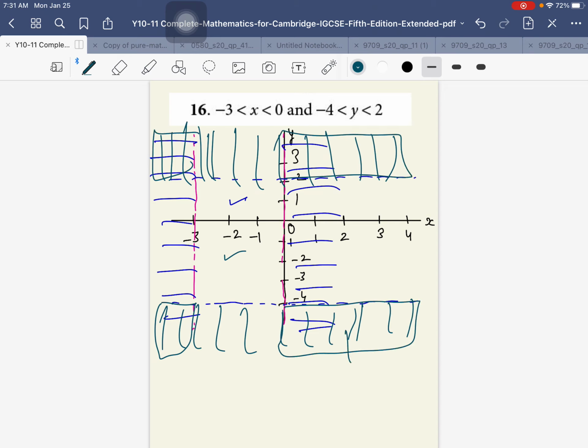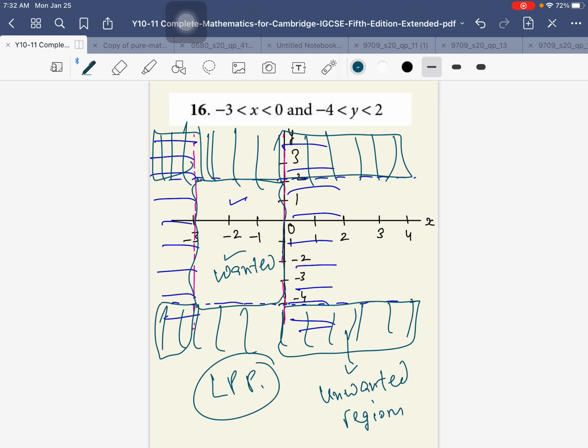So these are the unwanted regions, and this rectangular area bounded by dotted lines is wanted. That's how we represent and describe the problem, which is called a linear programming problem. You have to try some questions from your book.